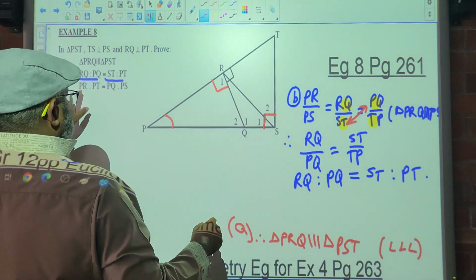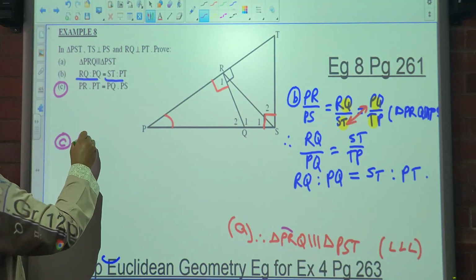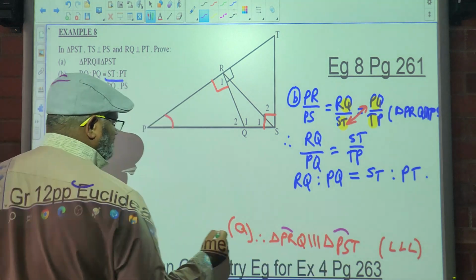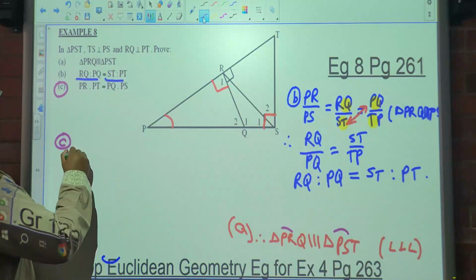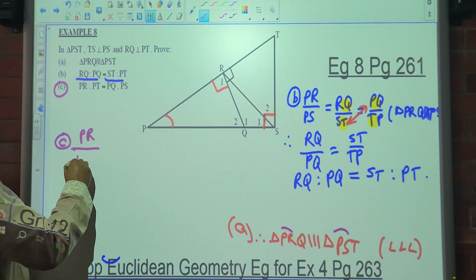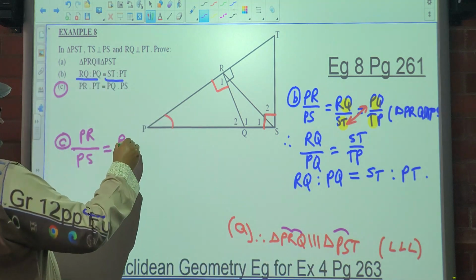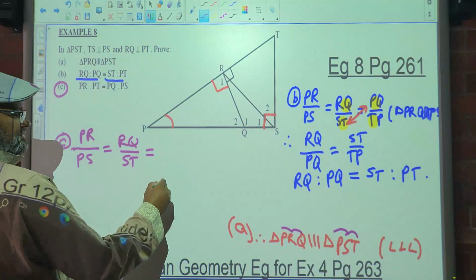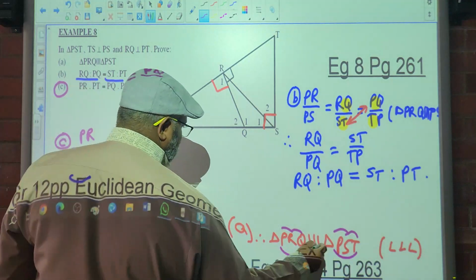Okay? So let's go with this ratio again. We know that PR over PS is equal to RQ over ST equals PQ over PT.